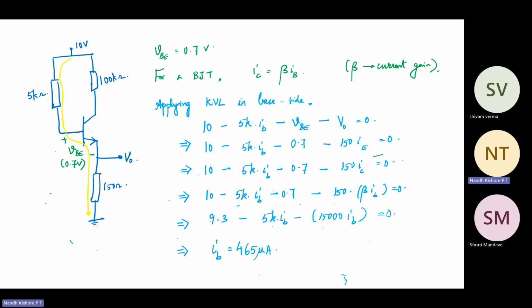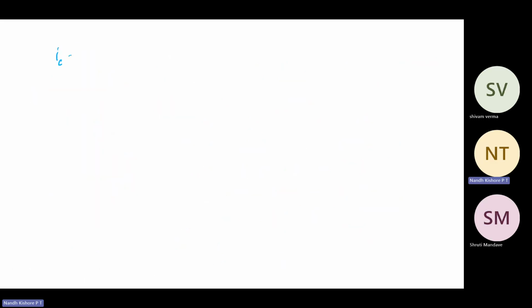So you get IB is 465 microamperes, which means that your IC, which is beta times IB, is equal to 100 into 465 microamperes, which is nothing but 46.5 milliamperes. All right. So this is your IC, and they have told IC is almost equal to IE.